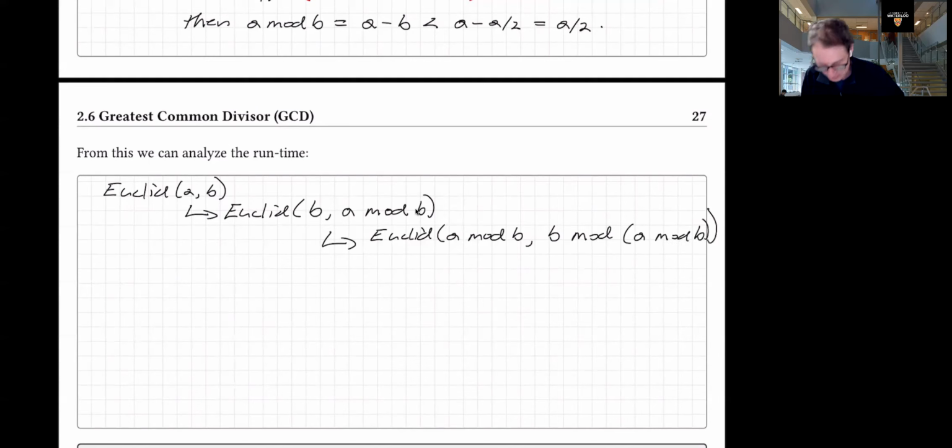The second argument becomes the first, and the second one becomes the first mod the second.